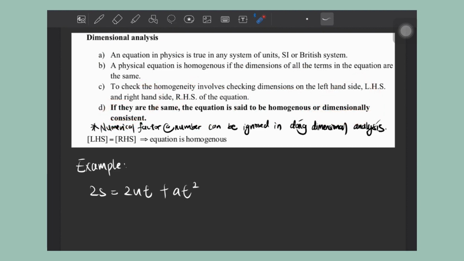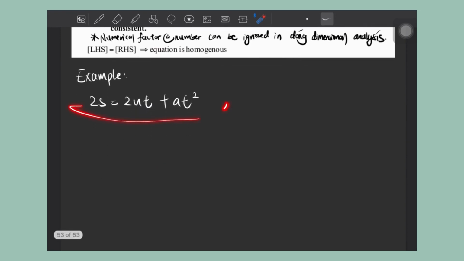One thing we have to know is that the numerical factor and the number can be ignored in doing dimensional analysis. So if the dimension of the left hand side is equal to the dimension of the right hand side, the equation is said to be homogeneous. So let's look at this example.